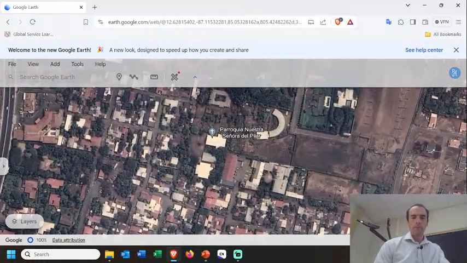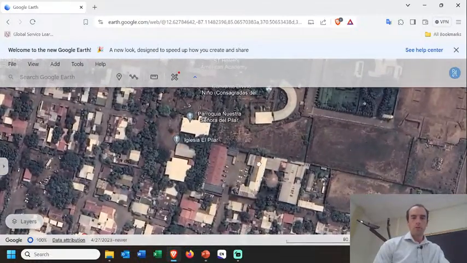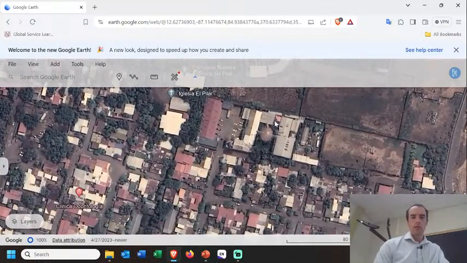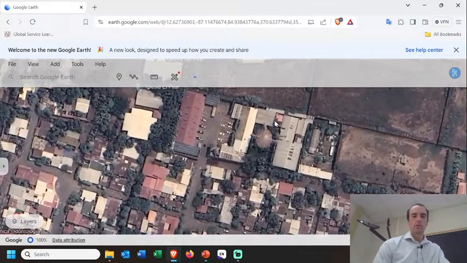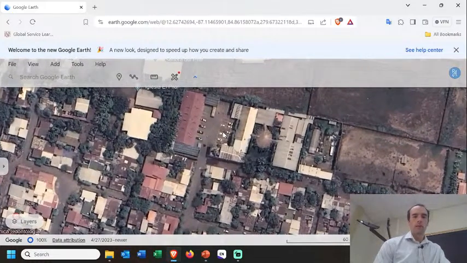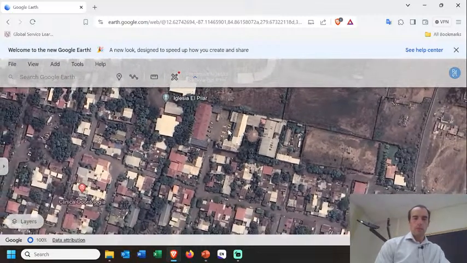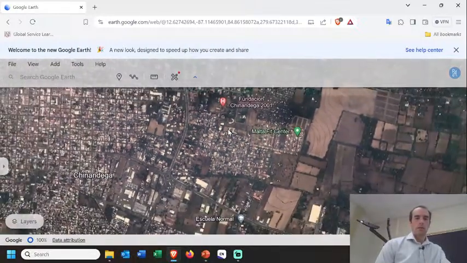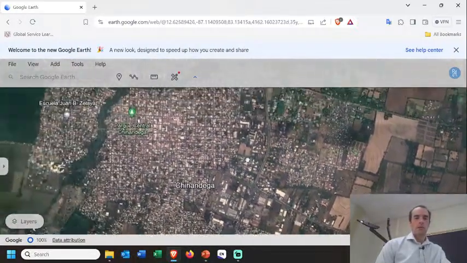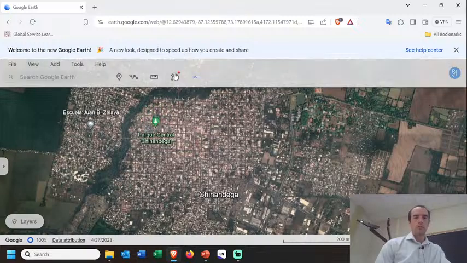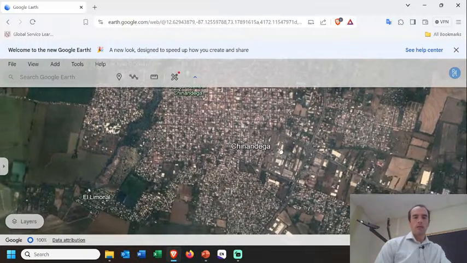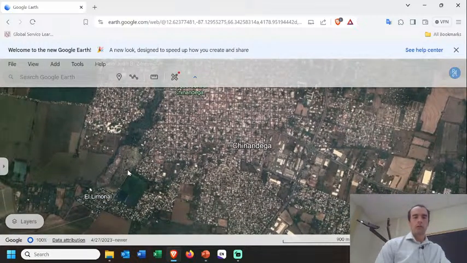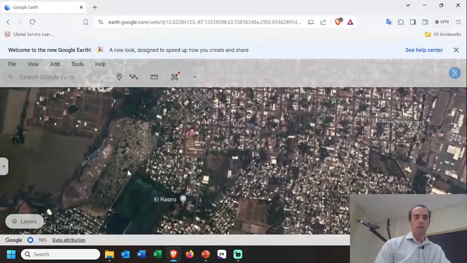So you can see the rancho, the spot where we had some pictures from the rooftop. That was right here. This is where the cars and the buses would park. So that's where we stayed. And if we look a bit west, we can see the river running through here. To get to El Limonal and the wastewater plant would be right over here.